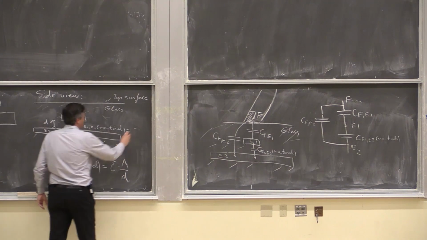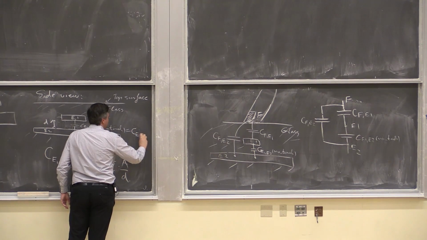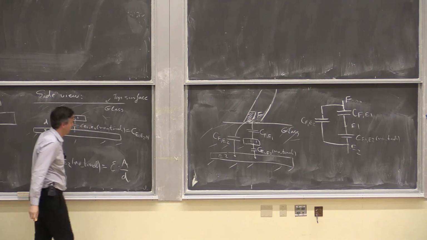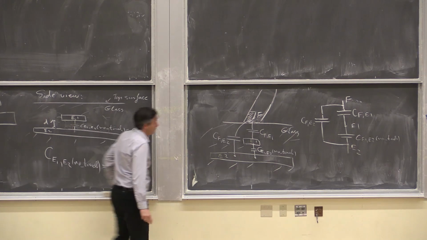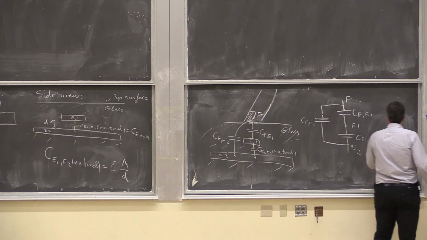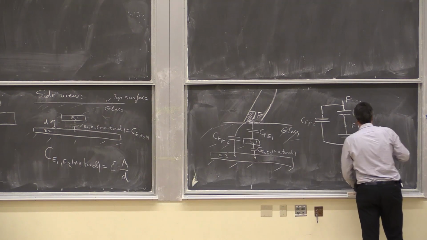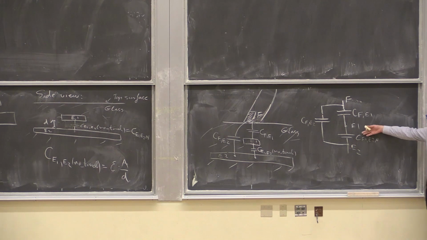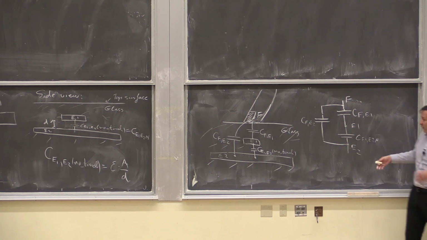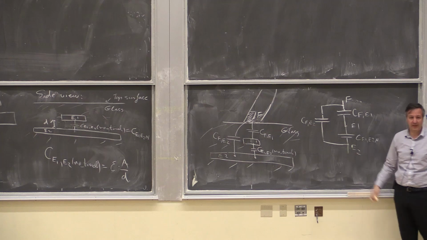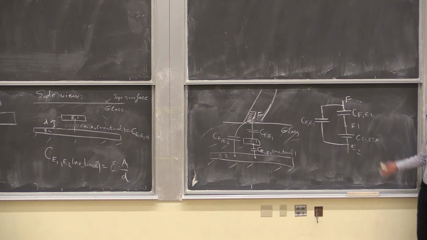It's just a value, right? It's the value of the capacitance between just nodes E1 and E2 where the finger is not present. When the finger is present, you get these extra two capacitors. Okay? And now the question is to figure out how the capacitance has changed.